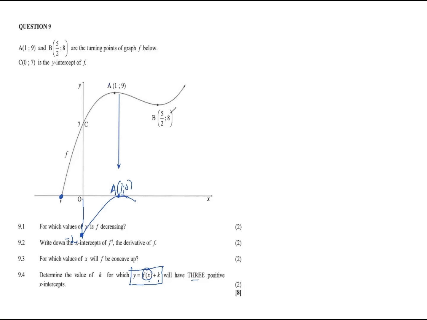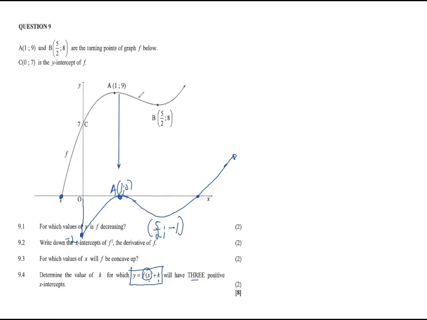And then this point that we are seeing there will now be 5/2, and if we shifted 9 units downward, that's -9, right? So how many intercepts will we have here? That's 1 and then 2.